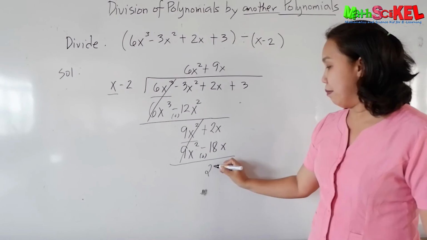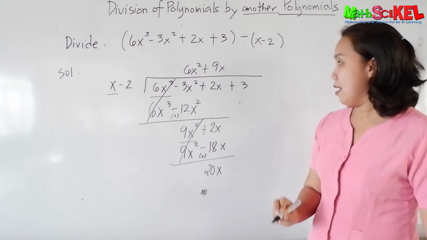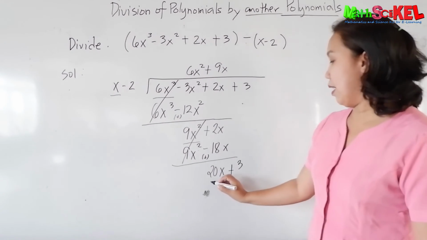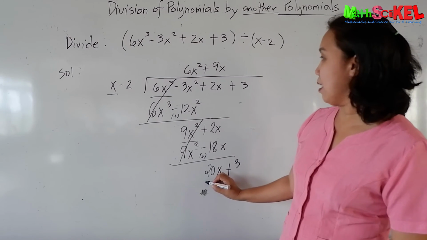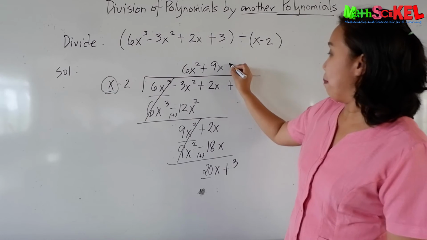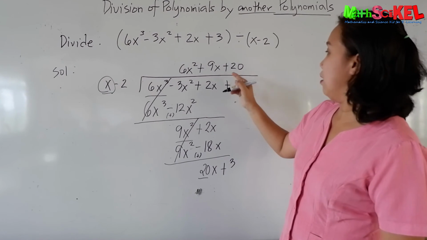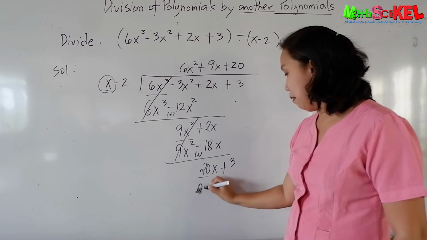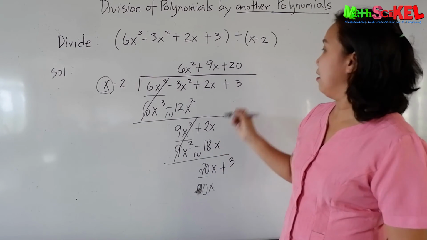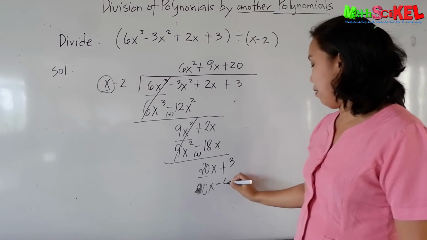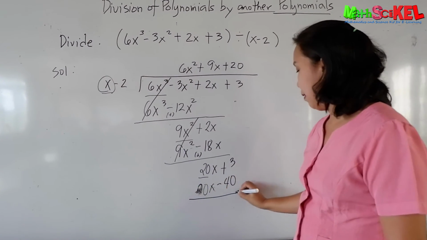So this will become positive 20x and bring down 3. So positive 20x divided by x will give you positive 20. 20 times x is 20x. 20 times negative 2 is negative 40.